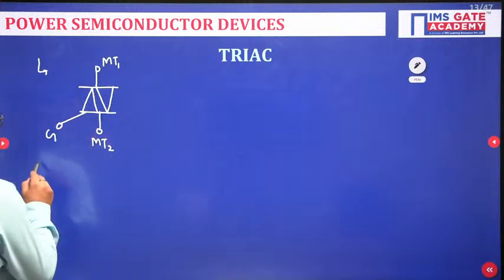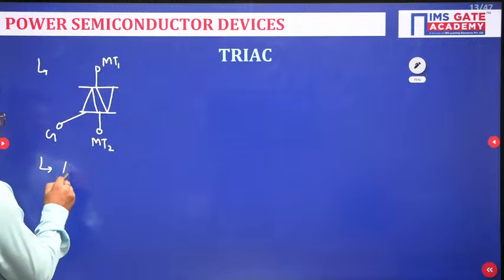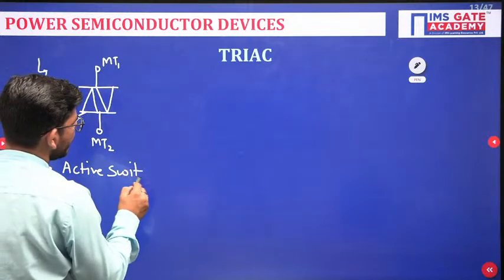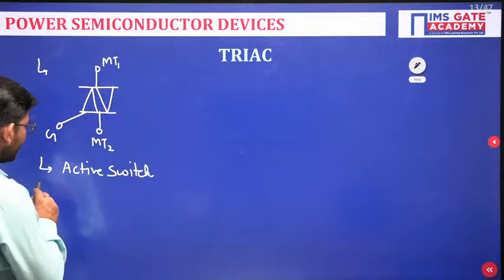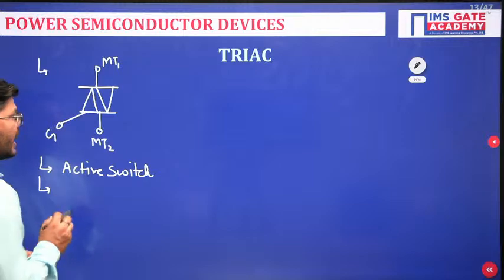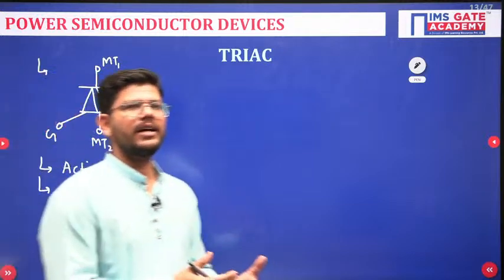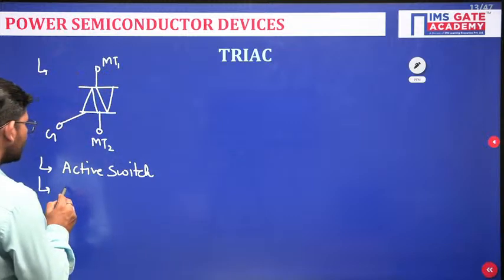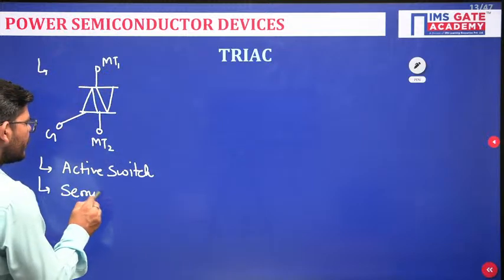Since we have a gate terminal, this is also an active switch. Since we have a control terminal, it is an active switch, and through the gate terminal we can only turn on the device. We cannot turn it off.